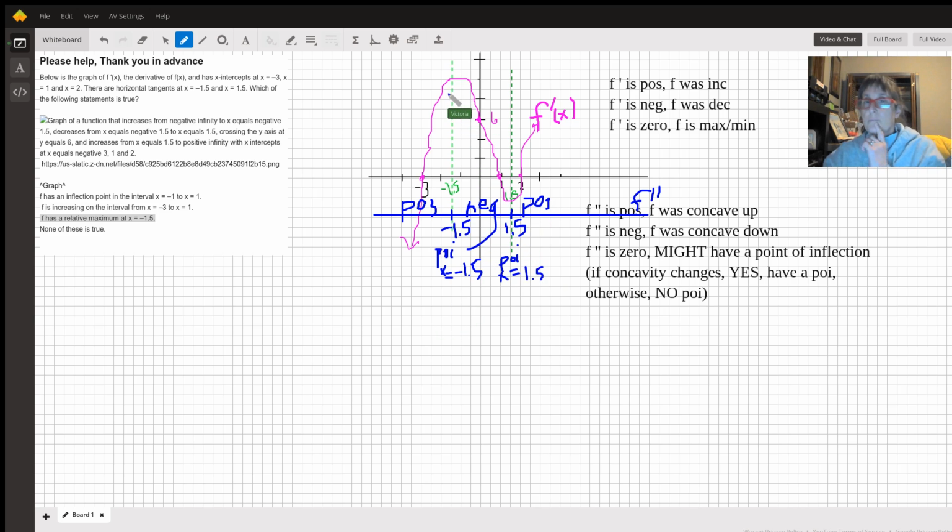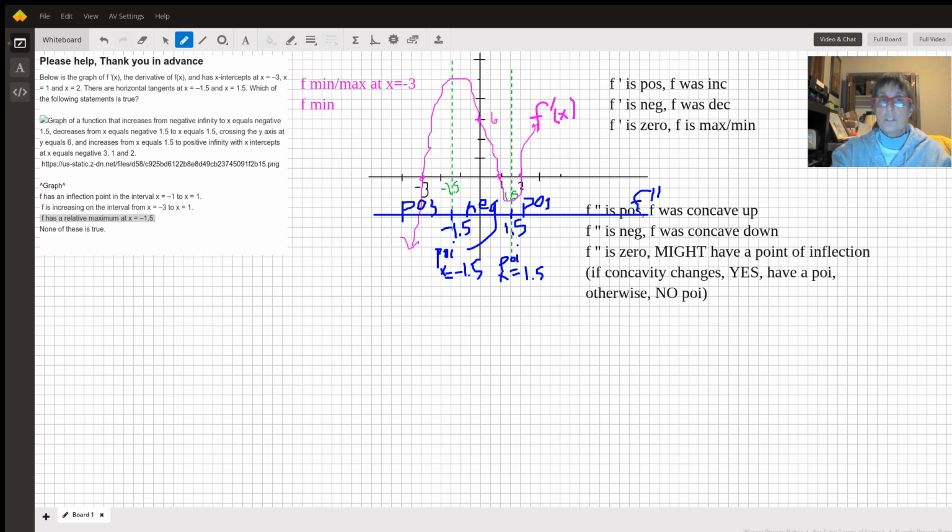Now, what we can say about the original function from the derivative: the derivative is 0 here, so that means that our original f, getting this information from the derivative, when the derivative is 0, the original was either a min or a max at x equals negative 3.